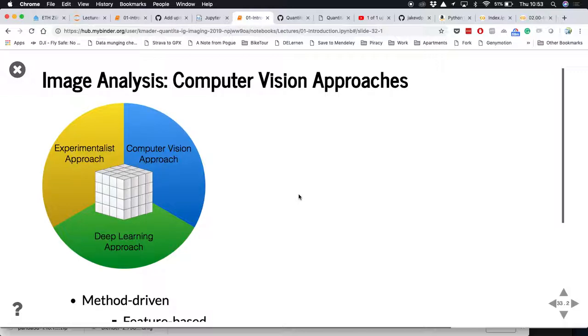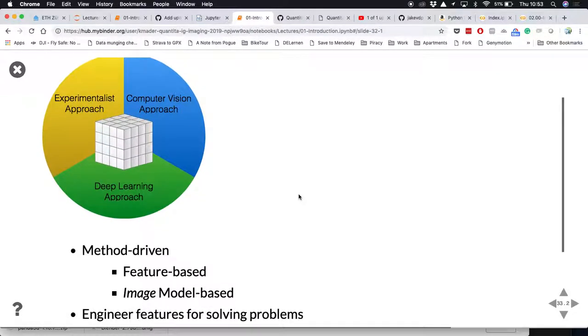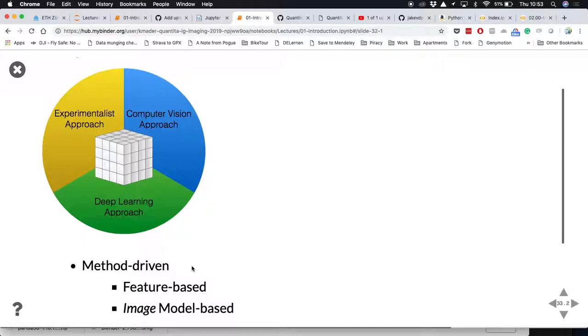The second, for maybe more of the computer science or software engineering approach, is computer vision. This is where you're method driven. You have feature based and image model based. For all of you who've done things with filters and edge detection and feature detection and matching, that's really the computer vision approach.